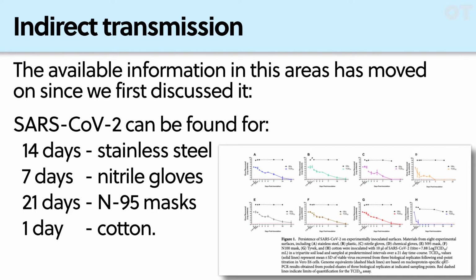Interestingly, on cotton surfaces, it only appears to survive for 1 day. But obviously, most of the surfaces within a practice are a combination of metal door handles, hard surfaces. So there is a real risk there that the virus could be present for a significant period of time if we are not following appropriate disinfection procedures.